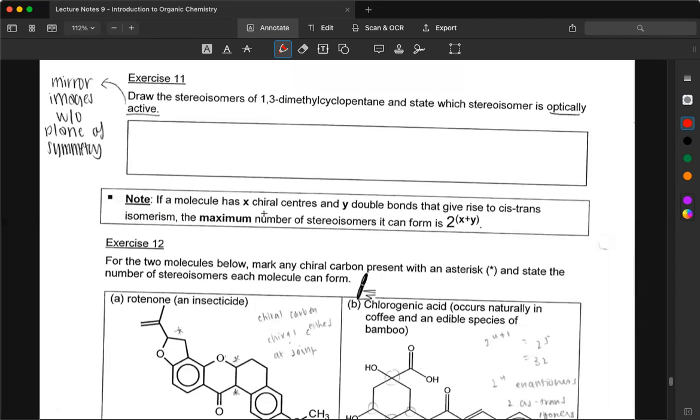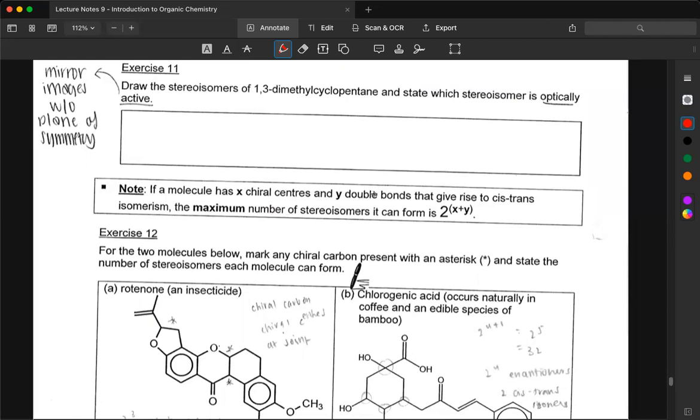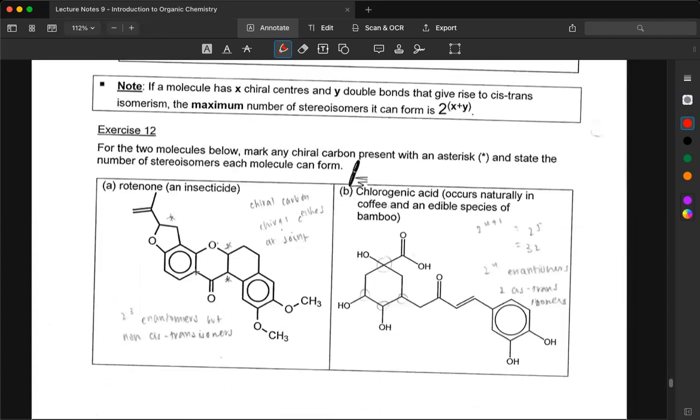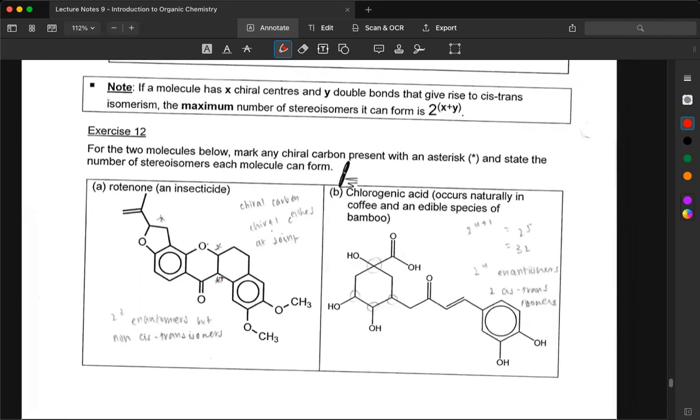If I have X chiral carbons and Y double bonds, the maximum number of stereoisomers is 2 to the power X plus Y. Like this one, you can try it yourself. For this one, it has 2 chiral carbons, one here and one here.